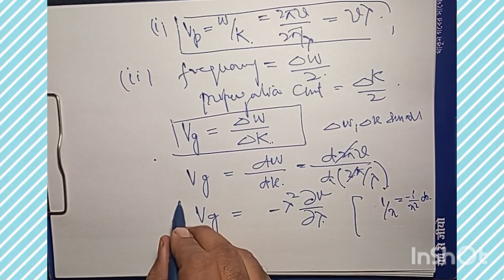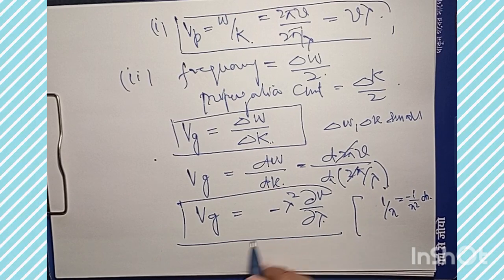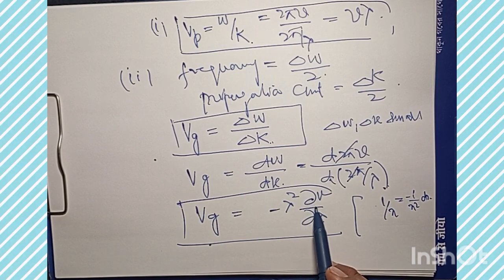So this is what has been used here. So this gives us the group velocity as lambda square dou nu by dou lambda.